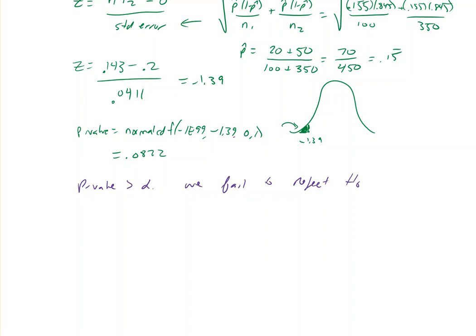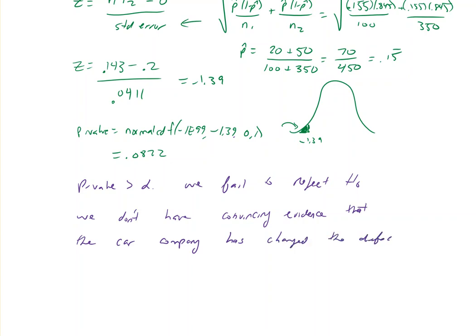Therefore, we can just say we don't have convincing evidence that the car company has changed the defect rate in their brakes. Right? That's kind of concerning, right? You would think that they'd fix that.